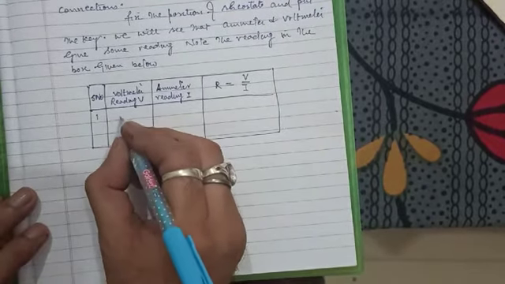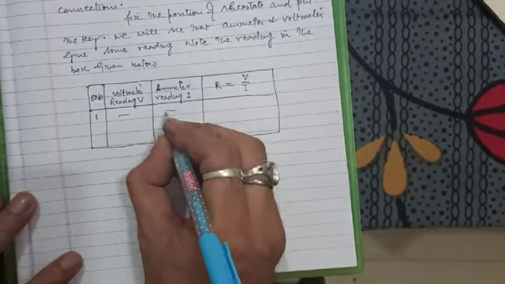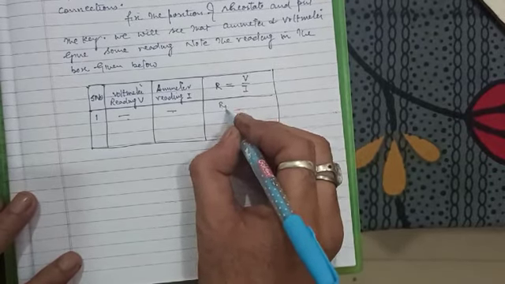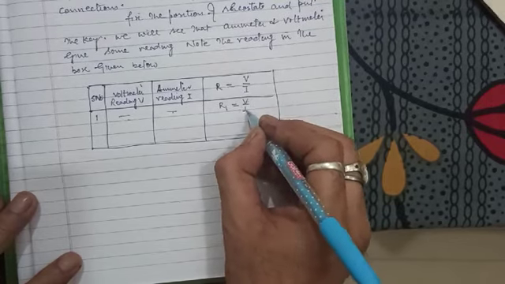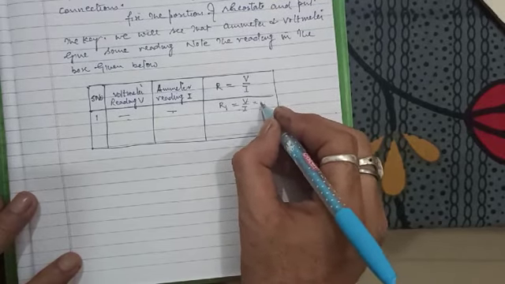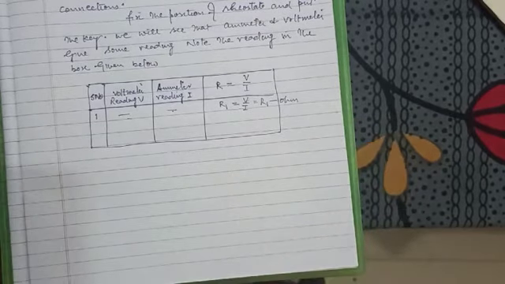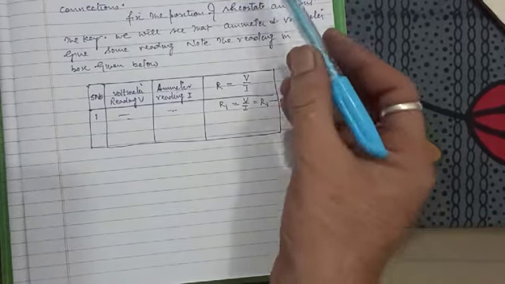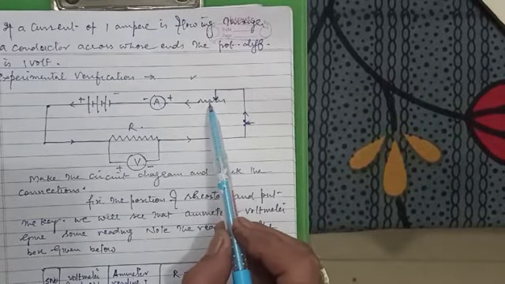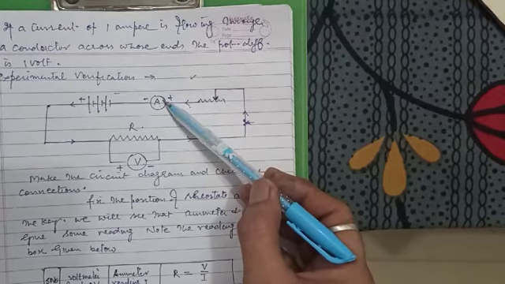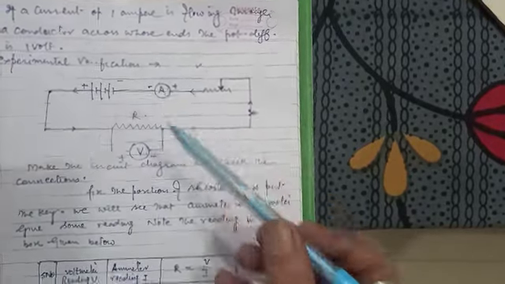तो सबसे पहले वोल्टमीटर की रीडिंग यहाँ आ जाएगी, एमीटर की रीडिंग यहाँ पे आ जाएगी, दोनों को डिवाइड करेंगे तो हमारे पास एक वैल्यू आएगी R1 की, V अपॉन I, that is R1 ohm. Similarly, we change the position of the rheostat. The reading of ammeter and voltmeter will change.